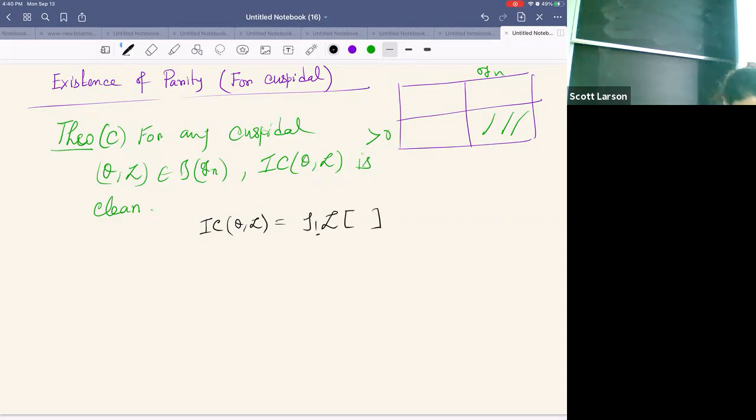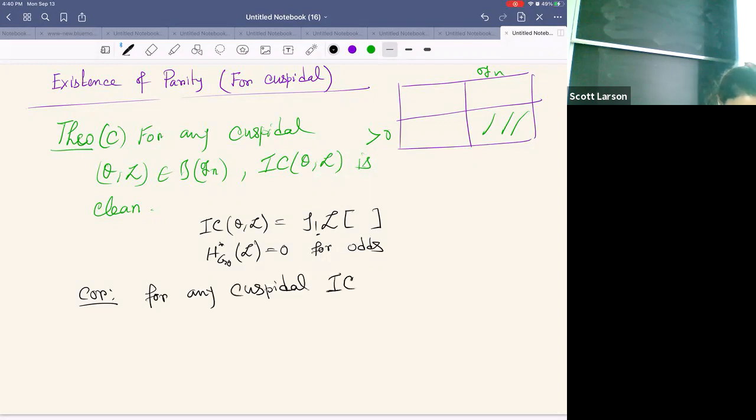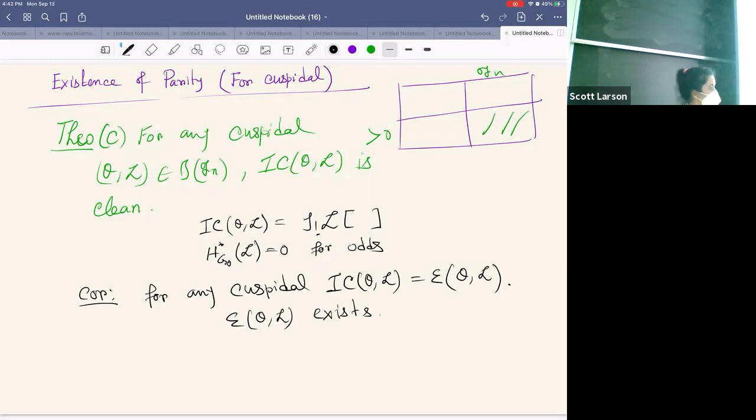I can combine this with the cohomology vanishing condition, which says that this is 0 for odds. These two facts end up in this corollary that for any cuspidal, IC(O, L) is the same as the parity sheaf E(O, L). I know IC exists, so E(O, L) exists. So existence of parity sheaves for cuspidal pairs is proved.